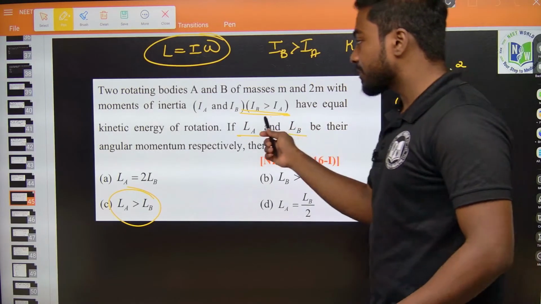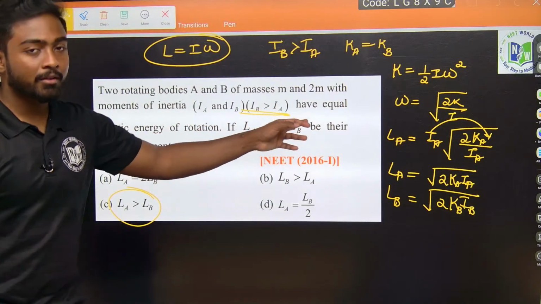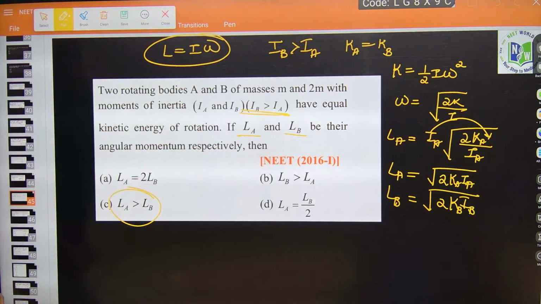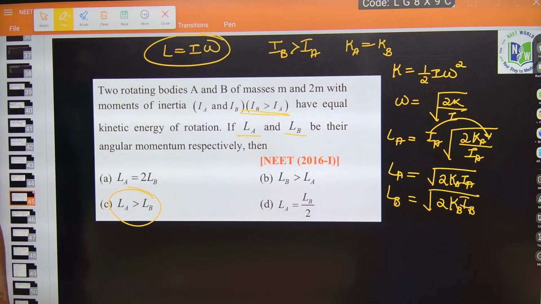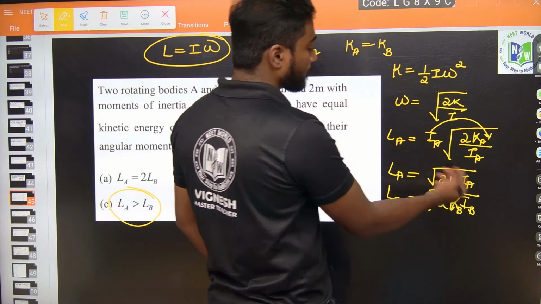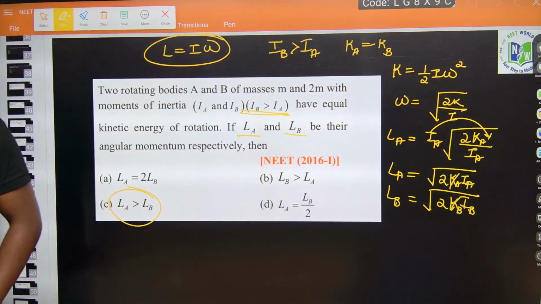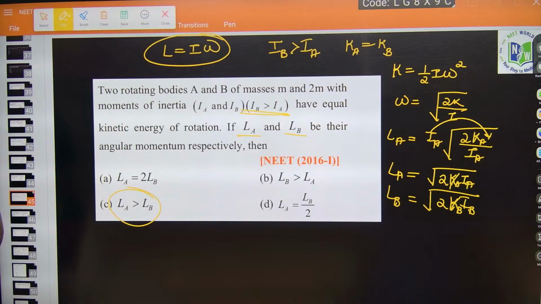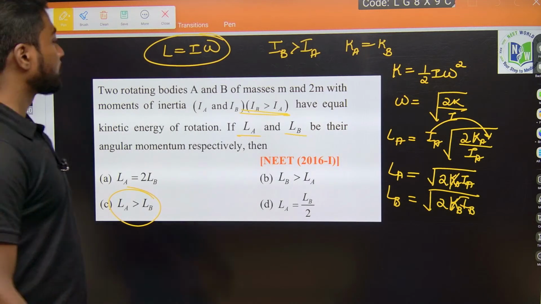In this question kinetic energy is equal and moment of inertia of second body is greater than moment of inertia of the first body. Obviously this equal term you can cancel out when calculating. Yeah, next question we will go.